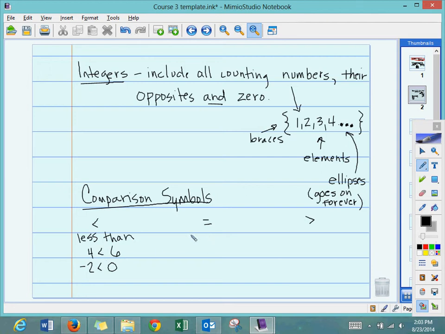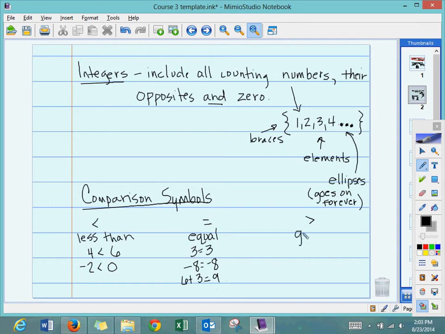Equal means that they are equal. Okay, so the items on either side of the equal sign are equal. 3 equals 3. Negative 8 equals negative 8. 6 plus 3 equals 9. The left side of that equation, 6 plus 3, does in fact equal 9, so those are equal.